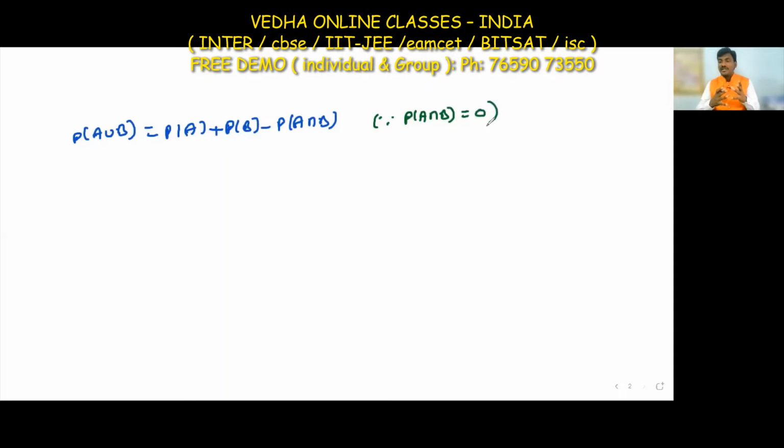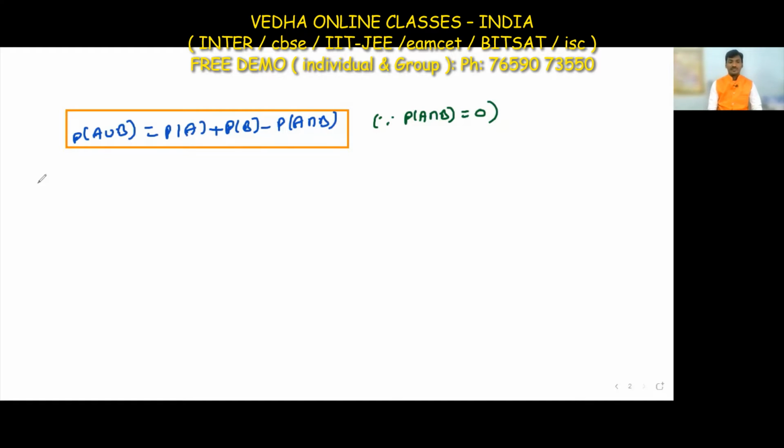For disjoint sets the intersection part is not there, that's why the probability is 0. So is it proved or not? Is it the required answer? Yes. Probability of A union B is equal to probability of A plus probability of B minus probability of A intersection B. This is the required solution, but this is only for case 1.